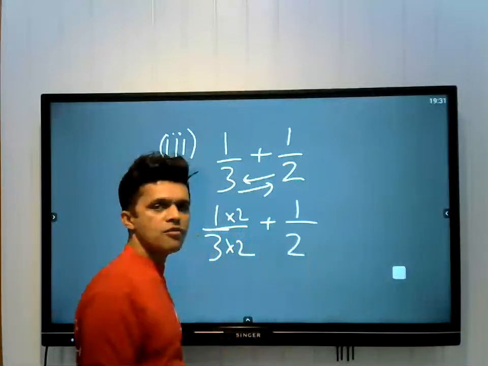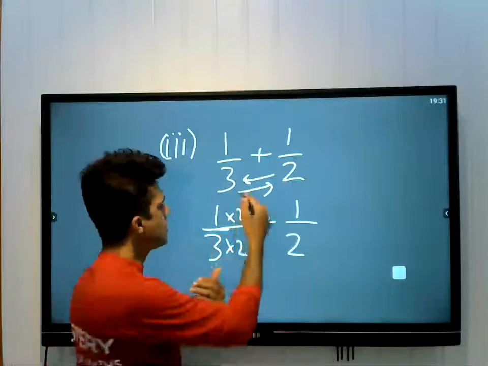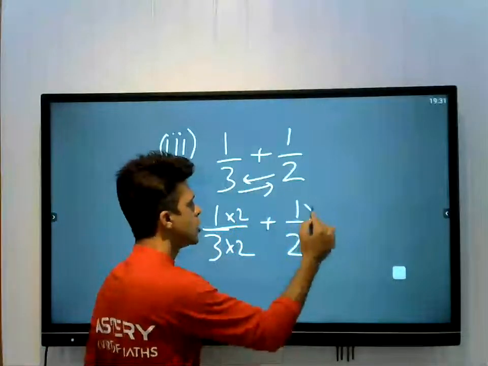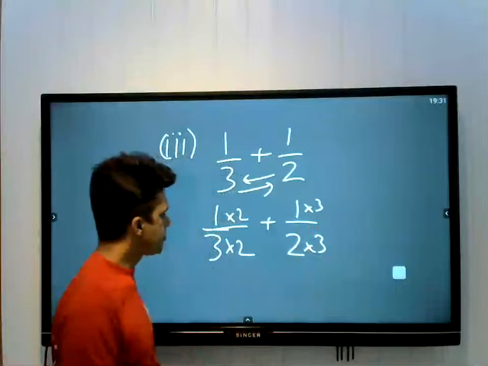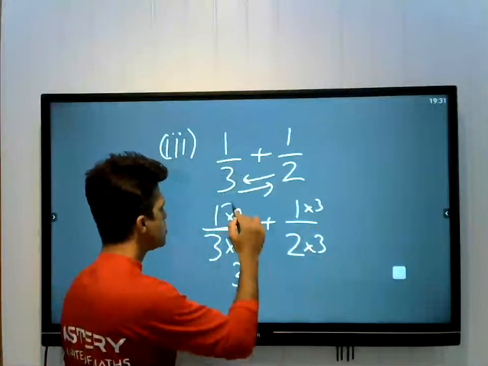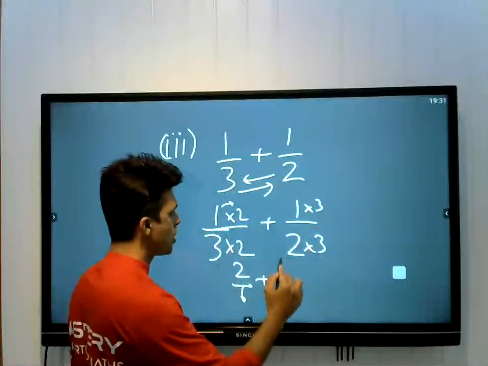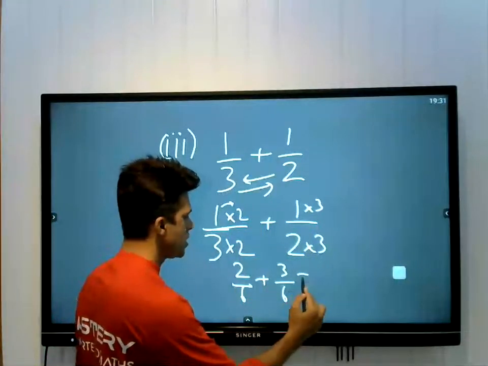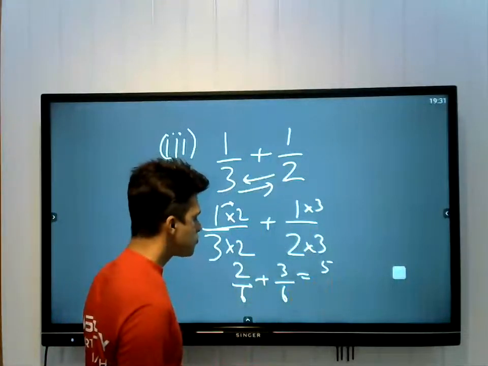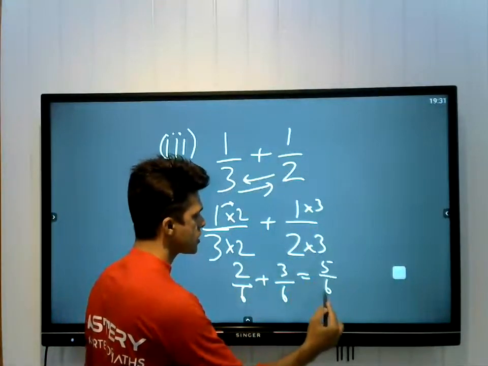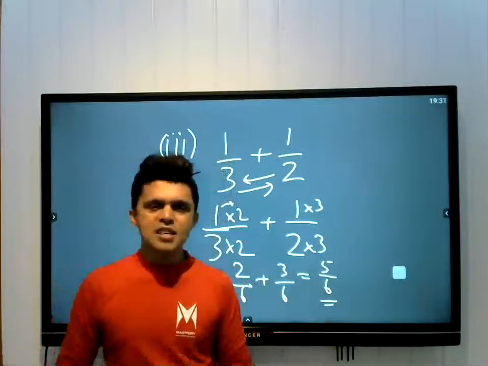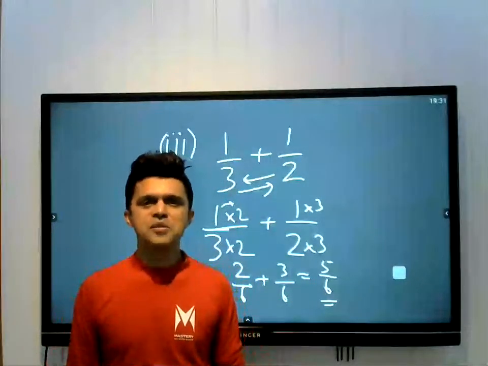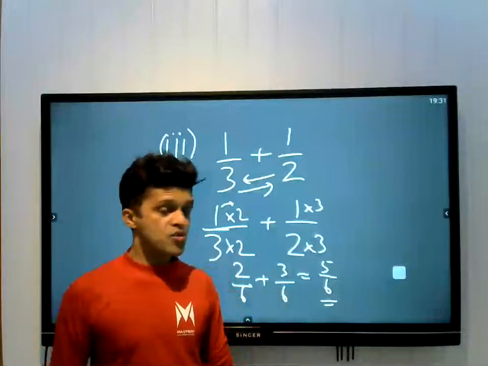When it comes to the half, the denominator is multiplied by 3, and the numerator as well. Here 1 into 2, 3 times 2 is 6; 1 into 3, 2 times 3 is 6. So 2 plus 3 is 5, then 5 over 6. Okay, so this is the fraction. This is the answer.